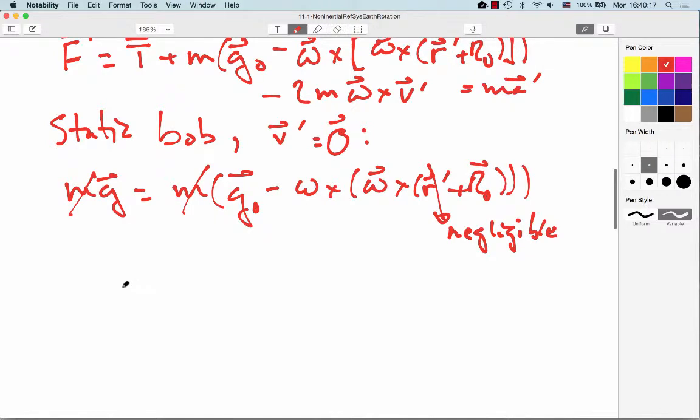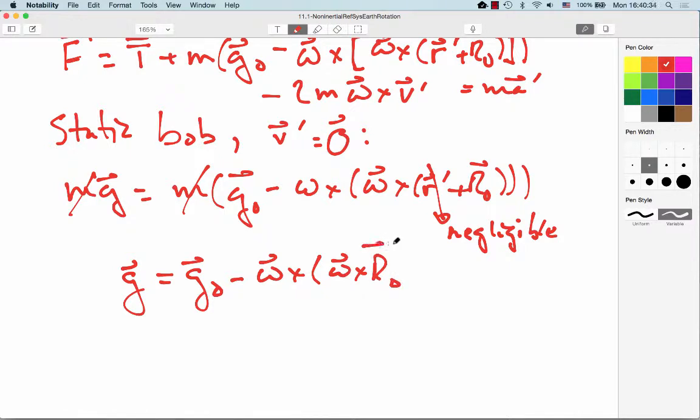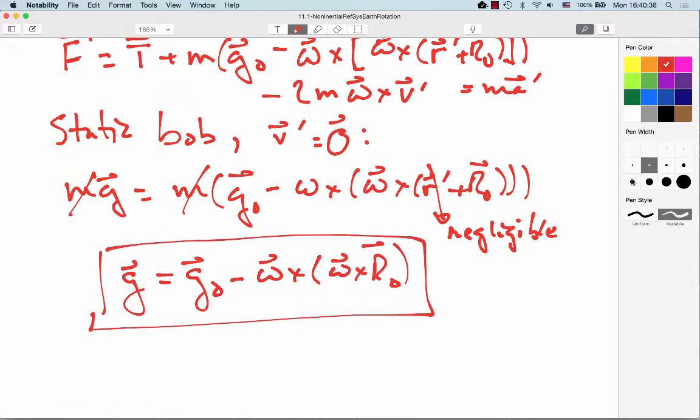So we finally get that our observed g is equal to the actual gravitational field vector minus omega cross omega cross r naught. Alrighty then.